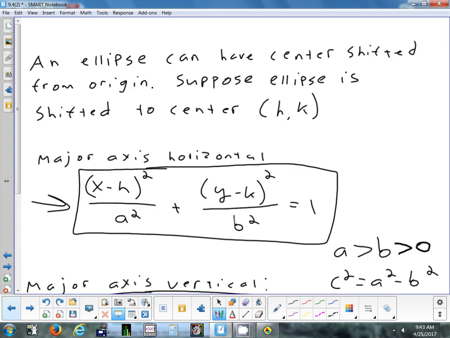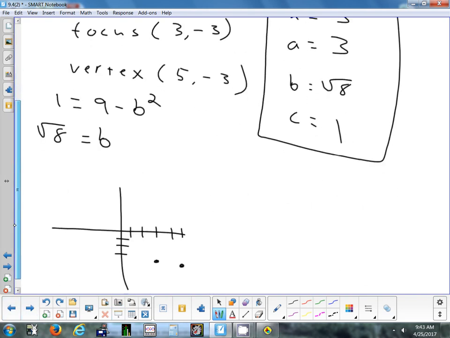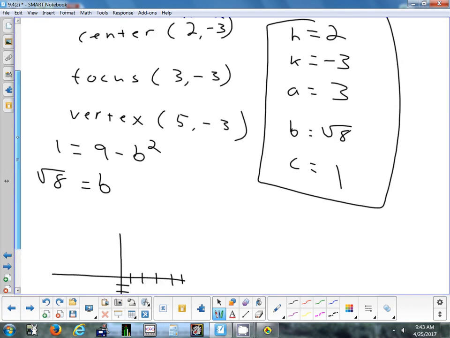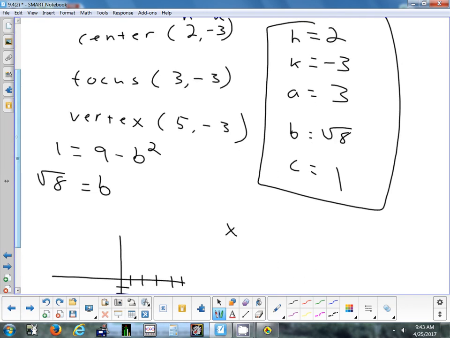That means you're using that one. Put the bigger number under x. All right, so let's start out: x minus h squared. I said put the bigger number under x. So these are the two numbers we're going to have in our denominators. Which one is bigger?